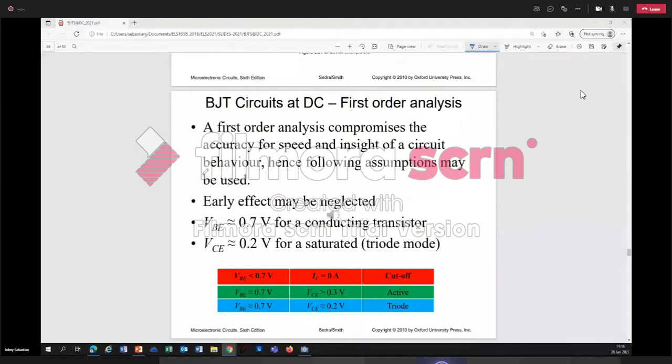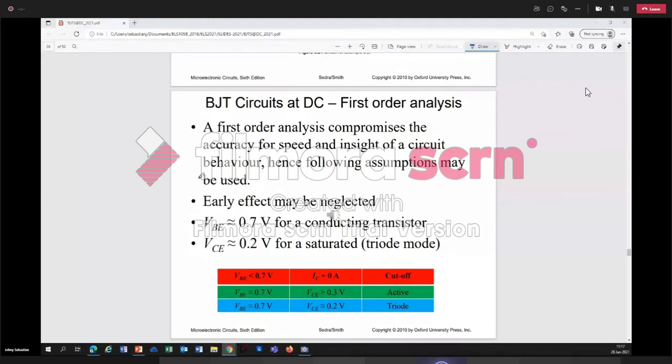BJT circuit DC first order analysis. We summarized what is first order analysis in the previous class. A first order analysis compromises accuracy for speed and insight. So we may use the following assumptions: VBE equal to 0.7 for a conducting transistor, VCE 0.2 for a saturated transistor. Okay, now go through this table.